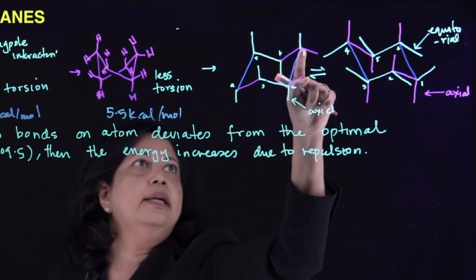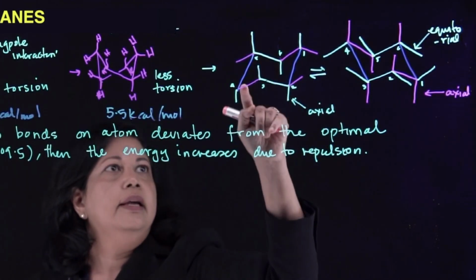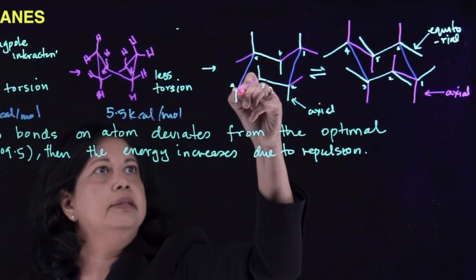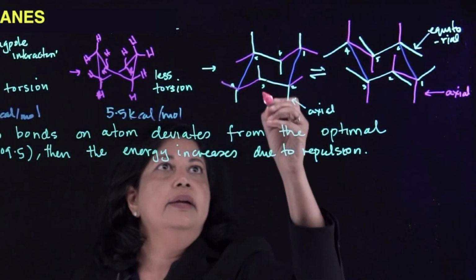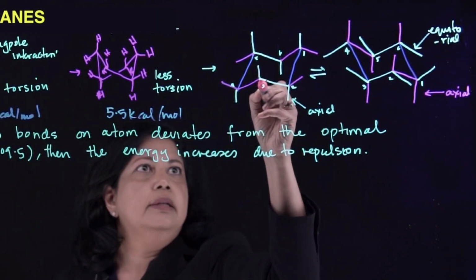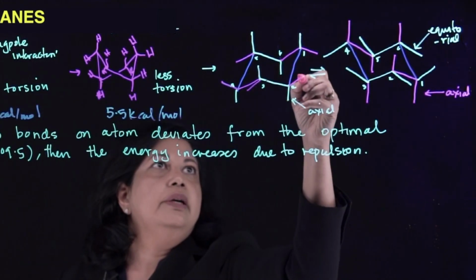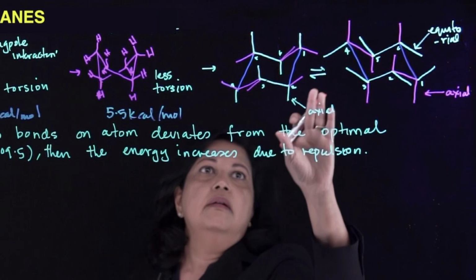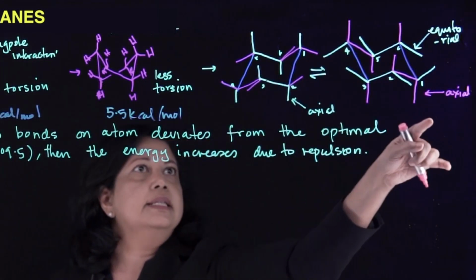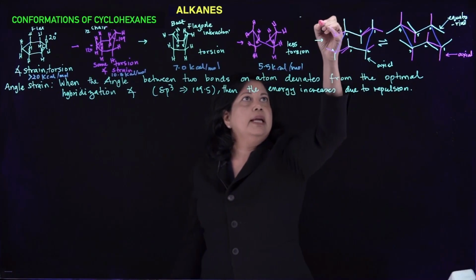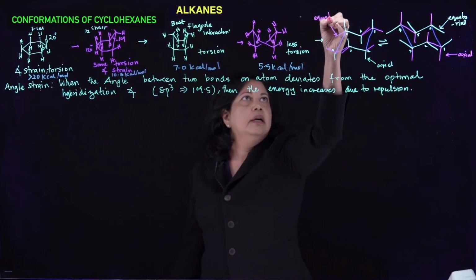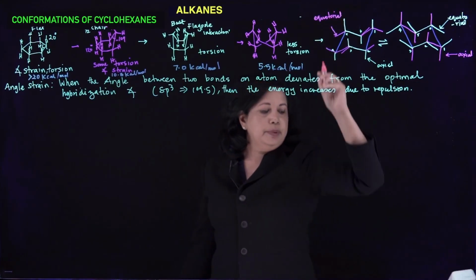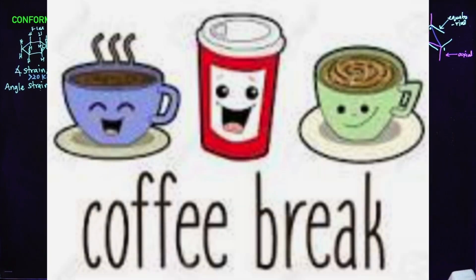You draw a line here parallel to this, and you draw a line here parallel to that, okay? And over here, you can draw a line parallel to that, and over here, you can draw a line parallel to that. So you can see that all of your equatorials became axial, and your axials became equatorial bonds. And this only happens in chairs, all right?